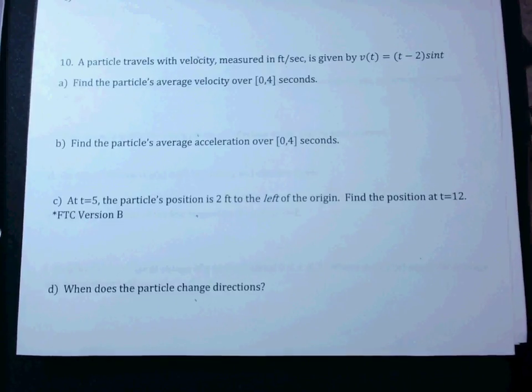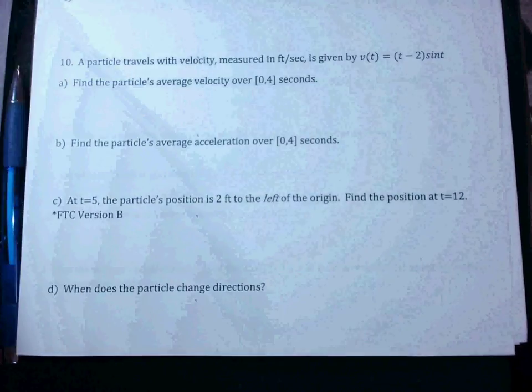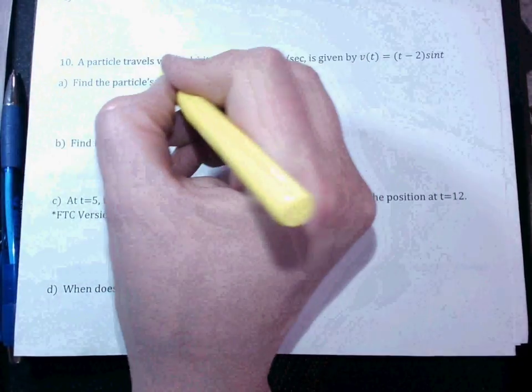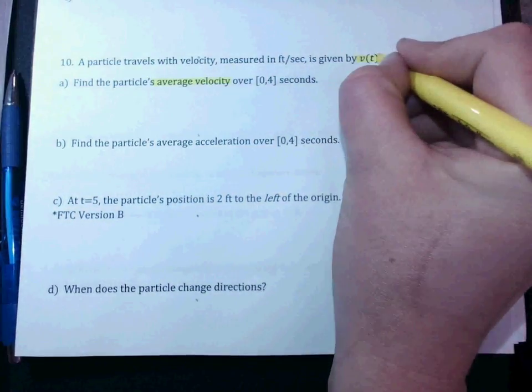Once you get it typed in, part A asks you for average velocity. Remember, you have two choices when there's an average: it's either average y value or average rate of change. Which one is part A if you want average velocity and this is a velocity? Average y value.